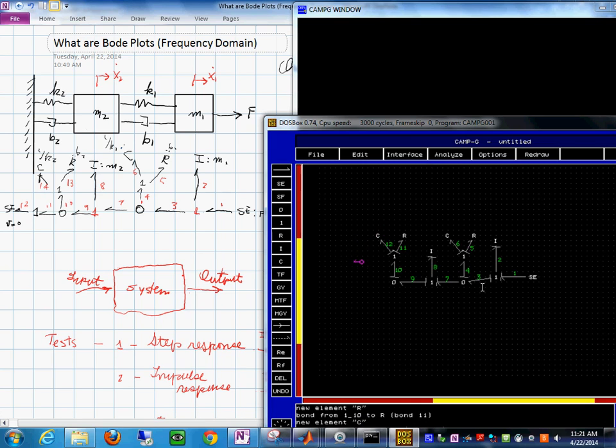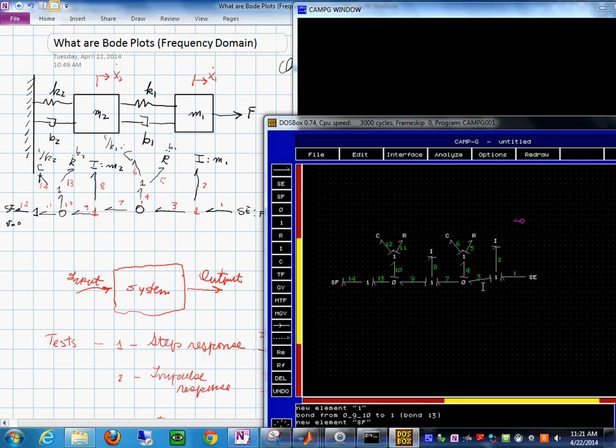There we go. And I keep the same thing over here. This would be number 11, and then I have an SF element which is over here like this.